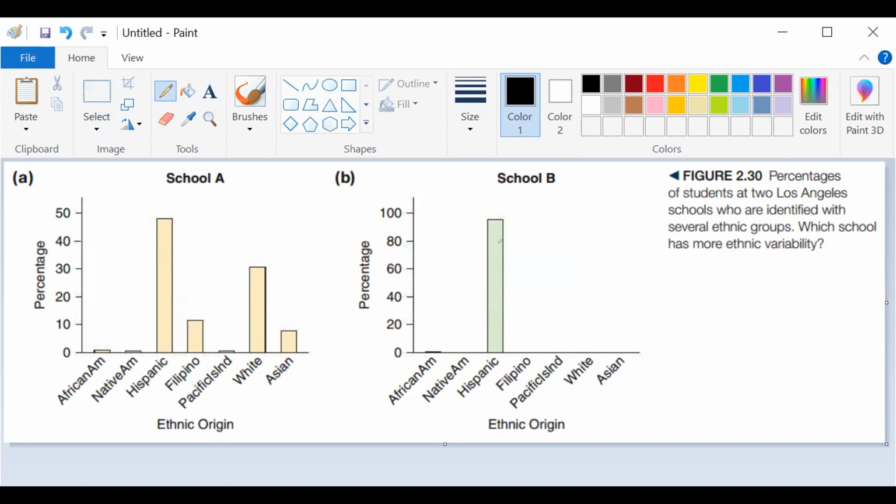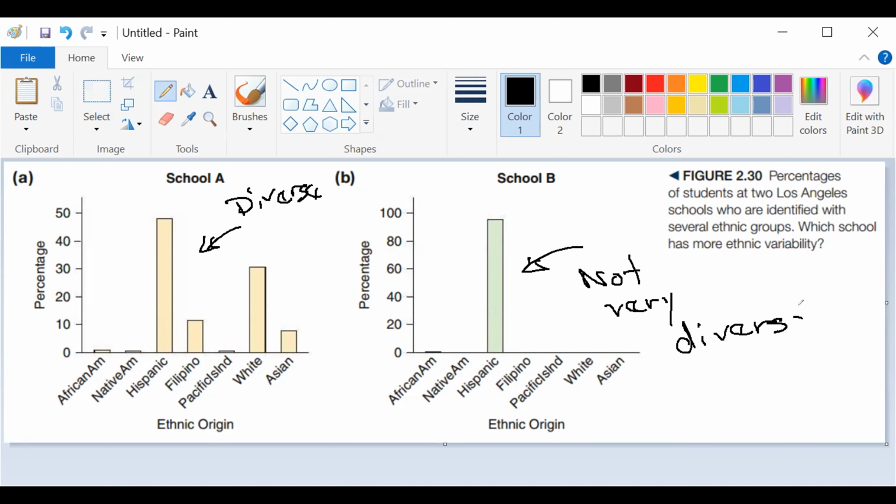So if you were to think of this in terms of the diversity of the ethnicities at the school, you'd say that this school is significantly more diverse than this school. This would be diverse, and this school is not very diverse. And so we're using diversity to represent variability.